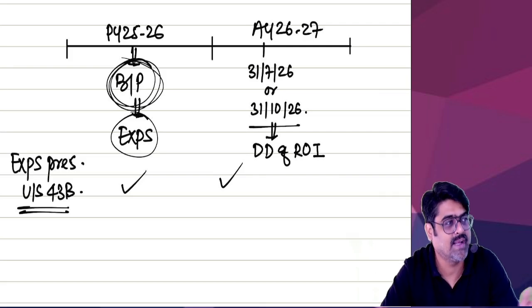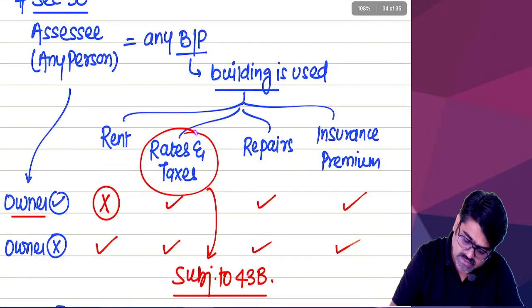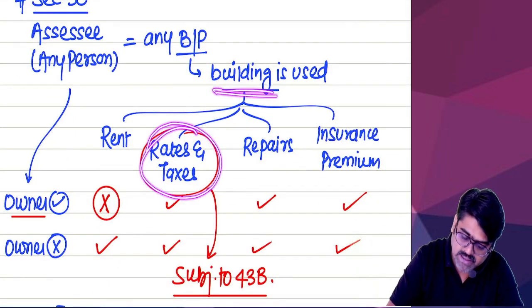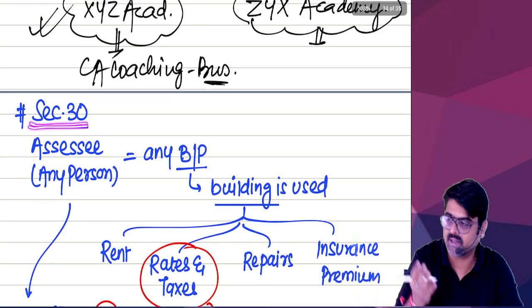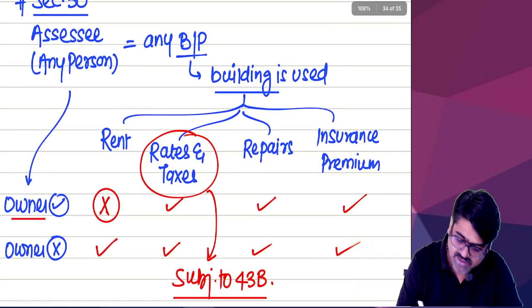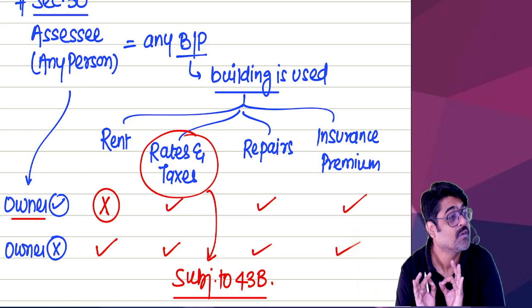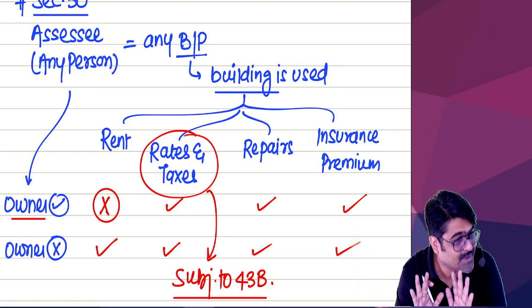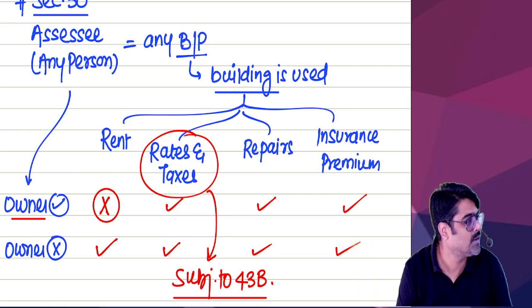So tell me, any rates and taxes for the building which is used for the purpose of your business or profession, the rates and taxes of the building which you are claiming as a deduction under section 30. Can I say these are the taxes related to your business only? Hello? They will be allowed subject to 43B. Only on payment basis.